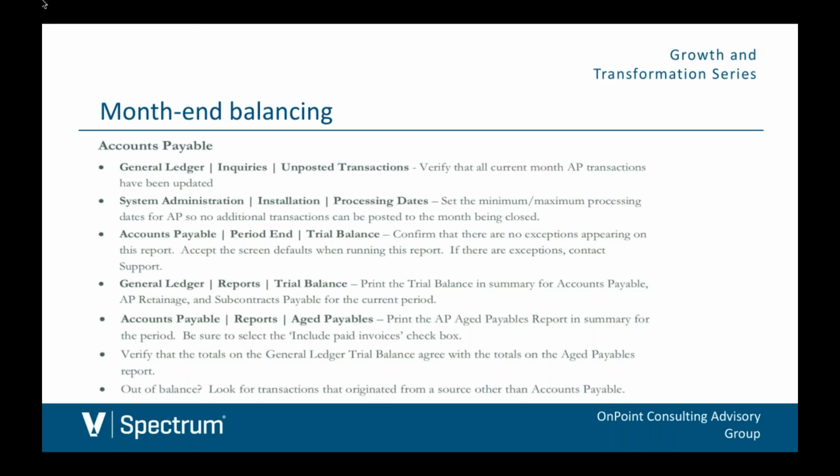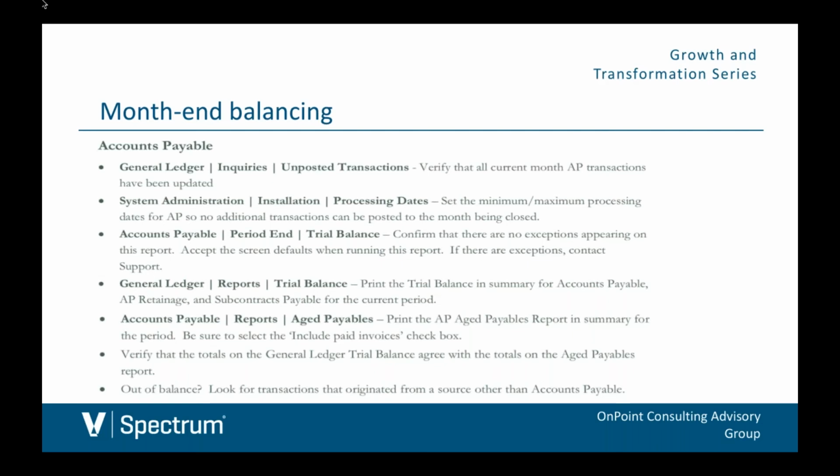If you do that all at one time, then the next step, controlling your processing dates, if you did those all at one time for that month that you're closing, we'd use the date of July 31st.